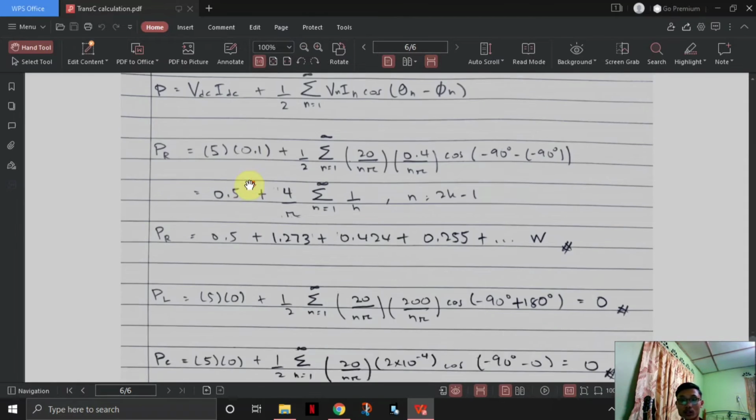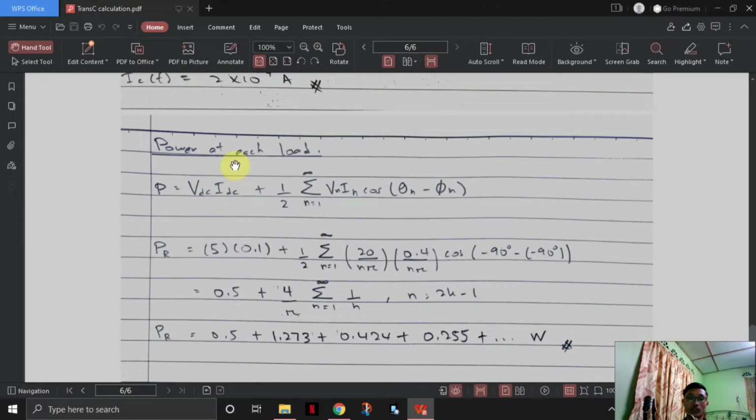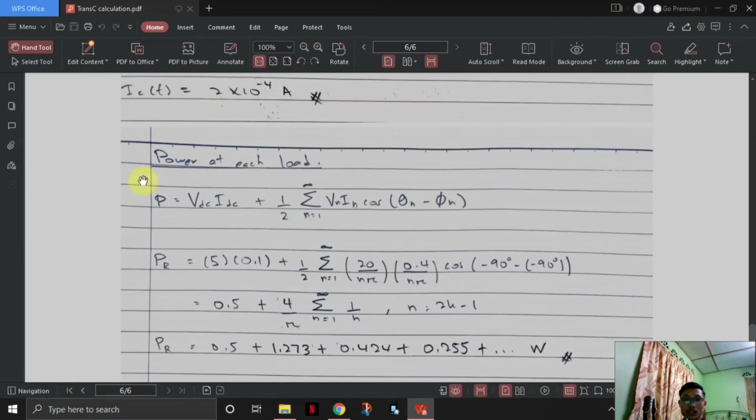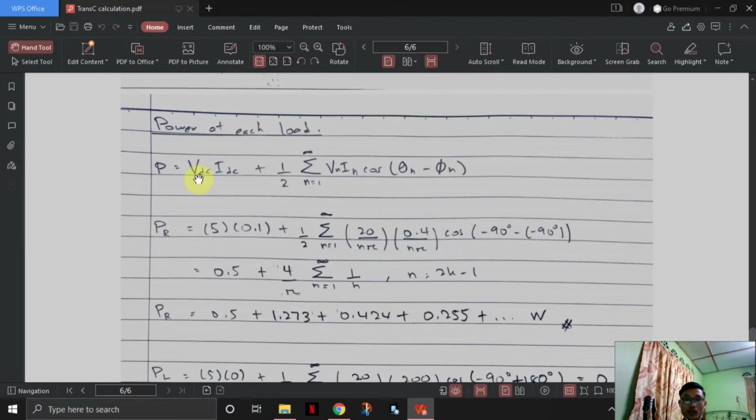So the last one is we need to find the power of each load, which is PR, PL, and PC. So these are the formulas to find P. For PR, we already have the V and I, the Vn and In. Then 5 times 0.1 plus half of 20 over n pi times 0.4 over n pi, then cos of negative 90 minus negative 90 degrees.